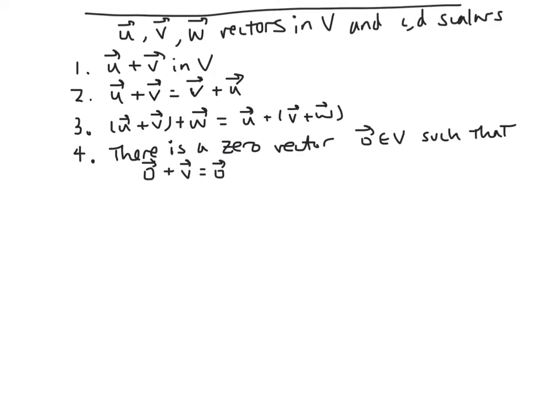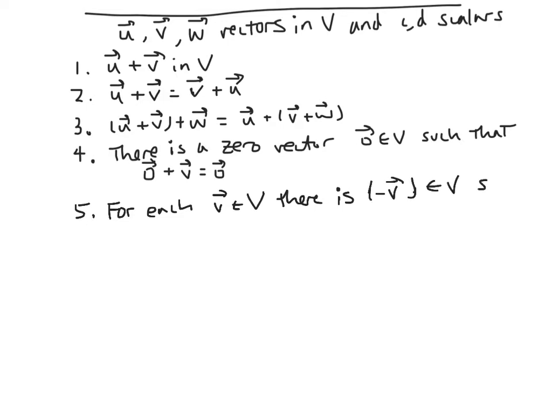All right, we're almost halfway there. So for each vector, there's an additive inverse. And if you take this vector plus its additive inverse, you get the 0 vector.